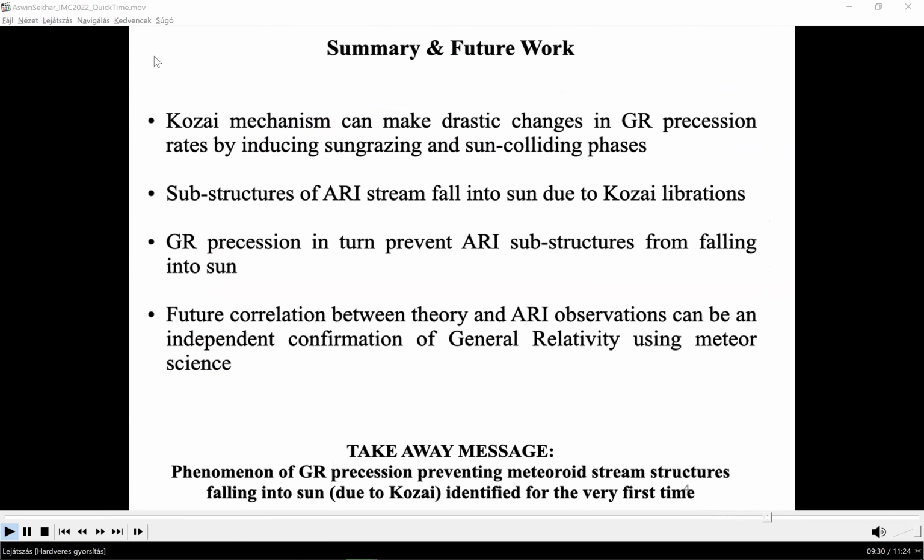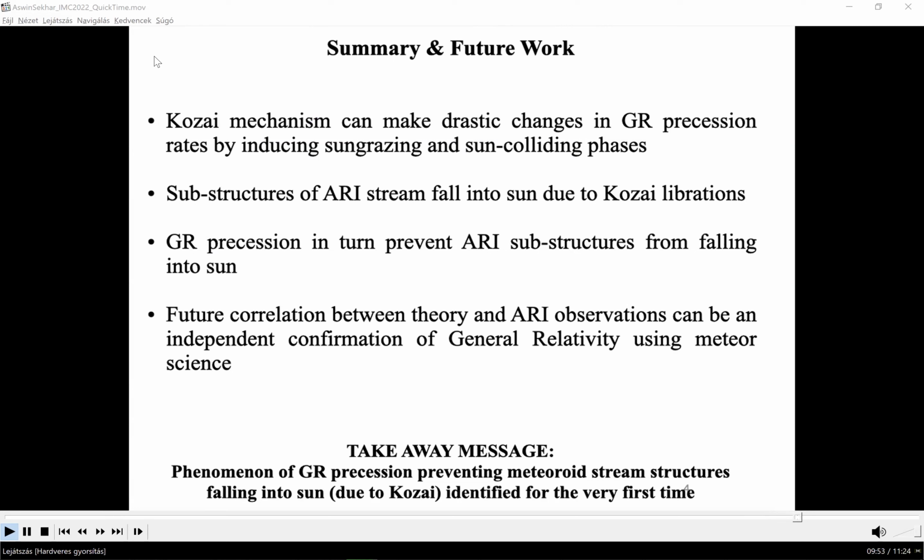So to quickly summarize, one can say that Kozai mechanism can make these drastic changes in GR precession rates by inducing these sun grazing and sun colliding phases due to this rapid decrease in q, rapid increase in e, and this anti-correlation between eccentricity and inclination and so on.